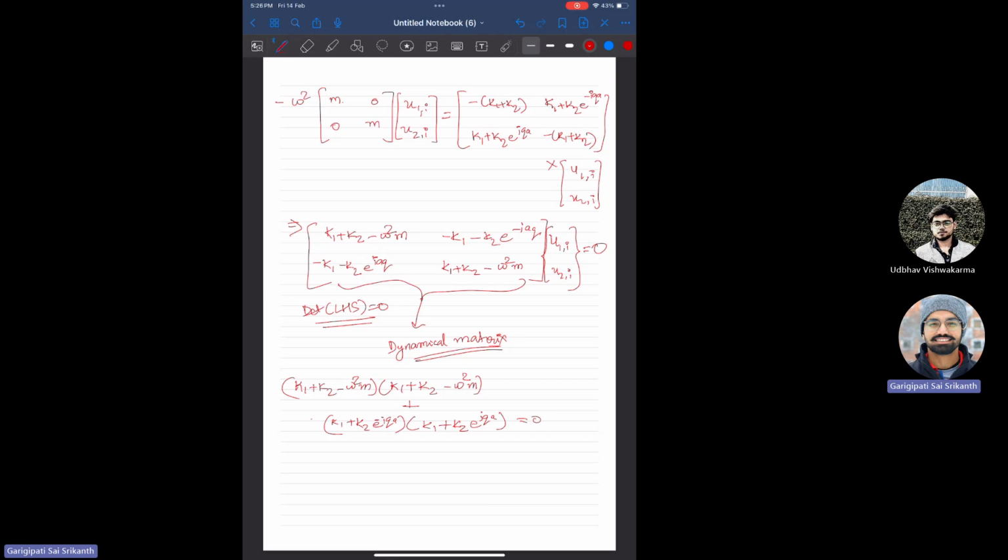If we collect the omega power 4 terms, omega power 4 will come from here, so it will be m square.